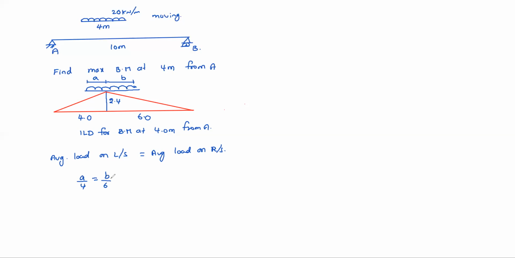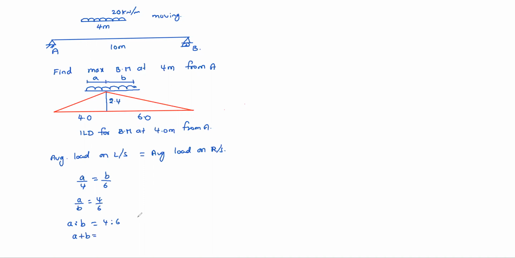That is the logic here. So A by B equal to 4 by 6. A is to B equal to 4:6. That is important. That means A plus B how much?